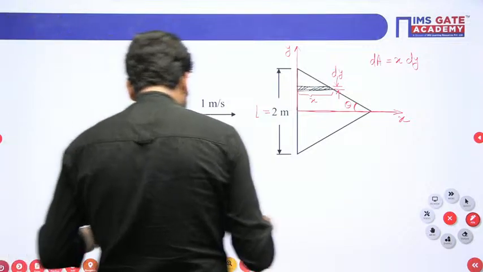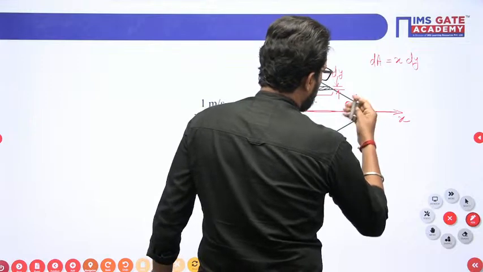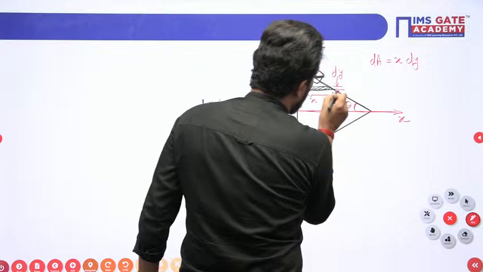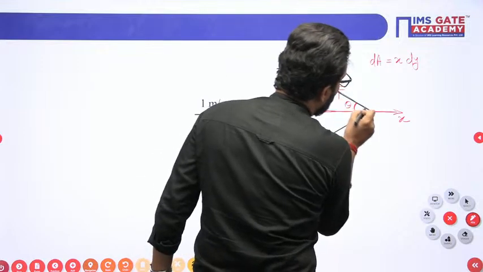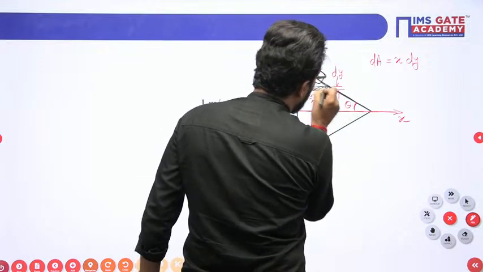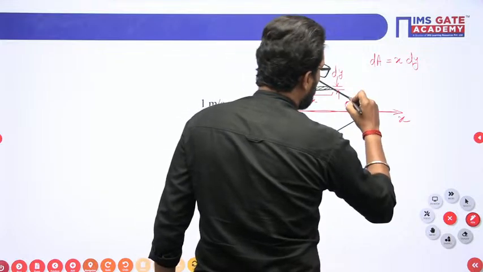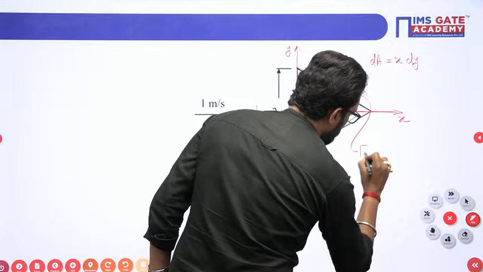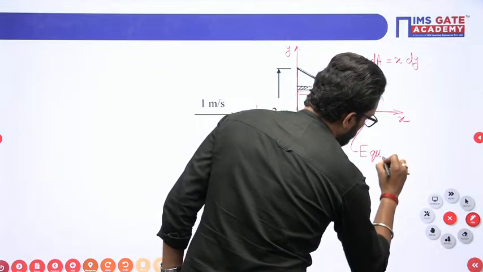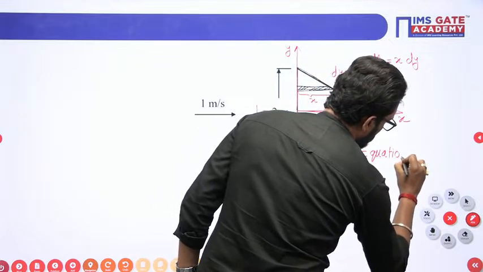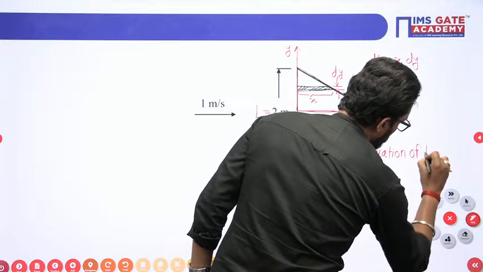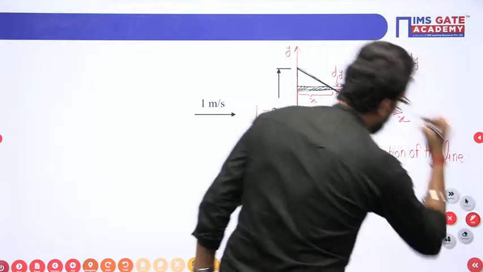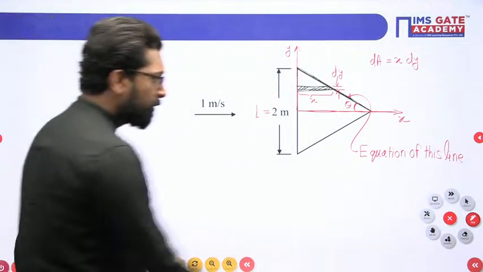Now we have to find the equation of this line. Very important. How to find the equation of this line? This is a straight line. What is the equation of this straight line?